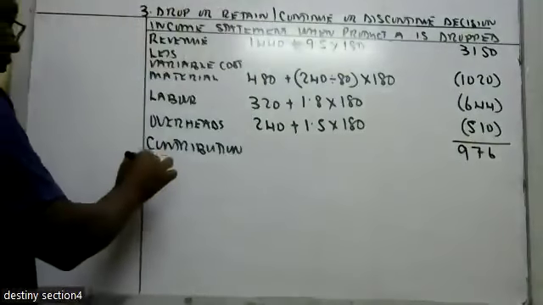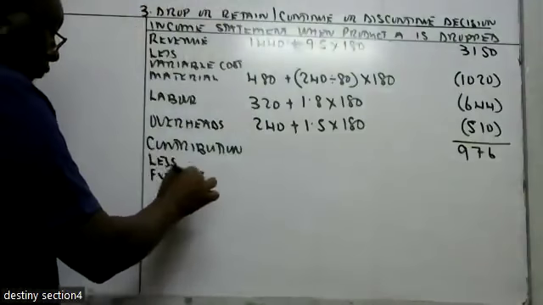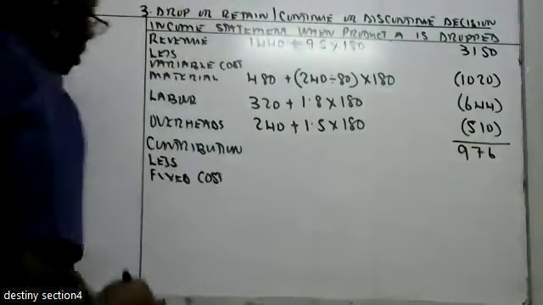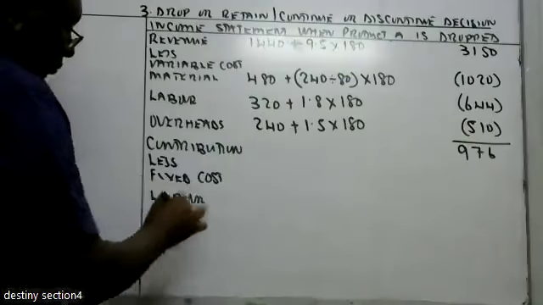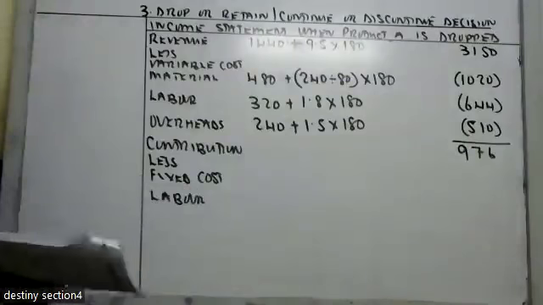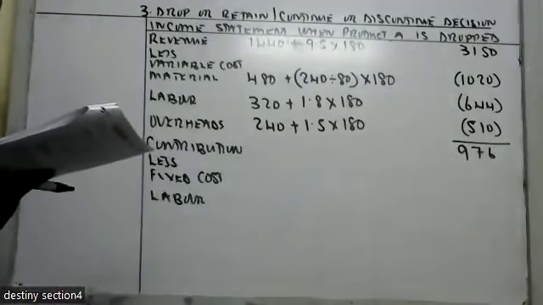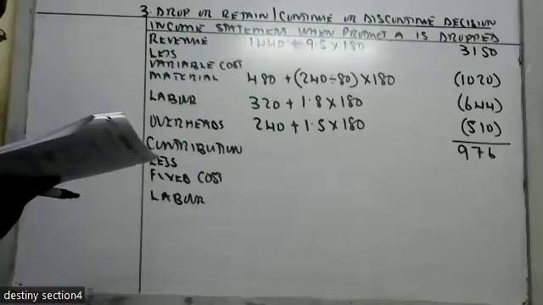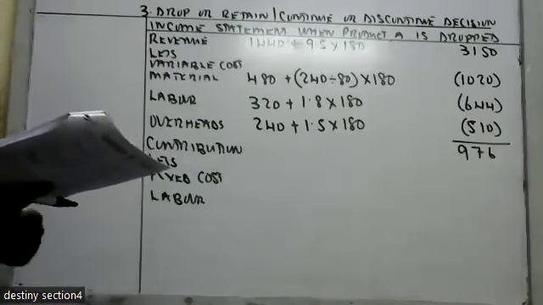You now say less fixed costs. Tuanze na labor. Now tulikuwa tumefahamishwa by information 4 that if you stop production of A, even the fixed labor cost that was associated with it will go.